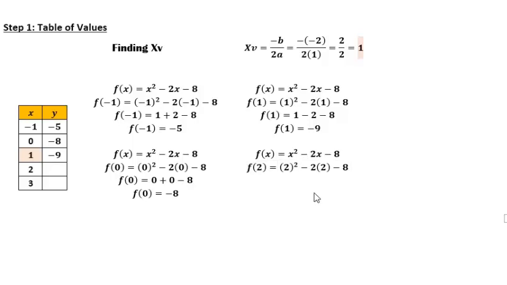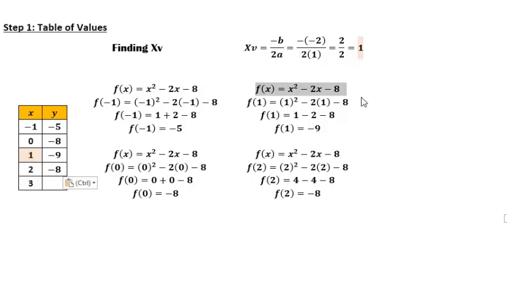Okay, so 2 squared will be 2 times 2. 2 times 2 is 4. Minus 2 times 2 will be minus 4. I copy minus 8. Okay. And 4 minus 4 is 0, 0 minus 8, negative 8. So that will be the answer for x equals 2.